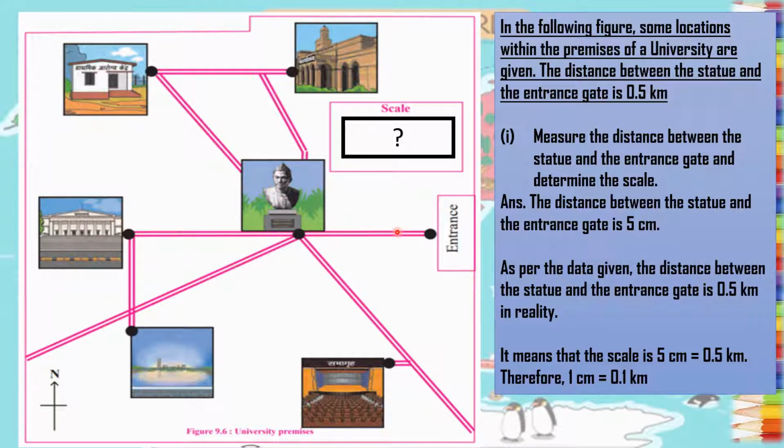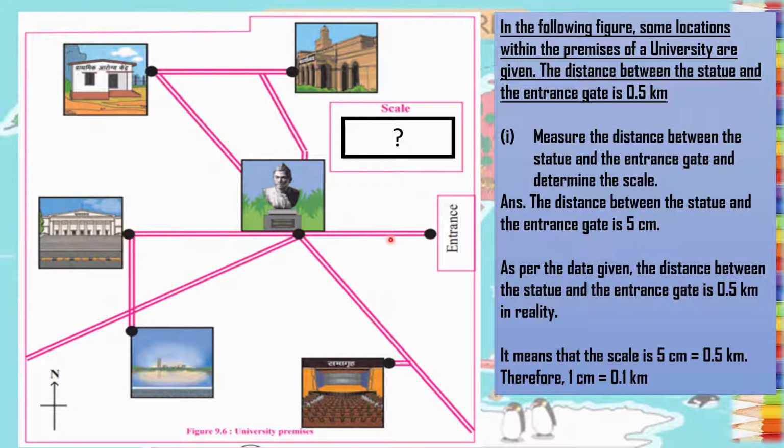We need to measure the distance between the statue and the entrance gate and determine the scale. So we need to determine the scale of this university premises. The distance between the statue and the entrance gate is 5 centimeter. When you measure this distance, you will get 5 centimeter.